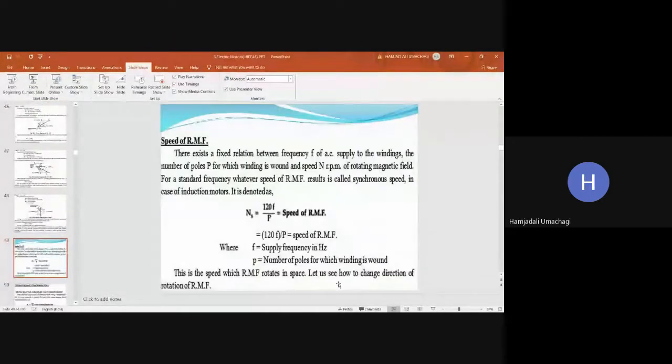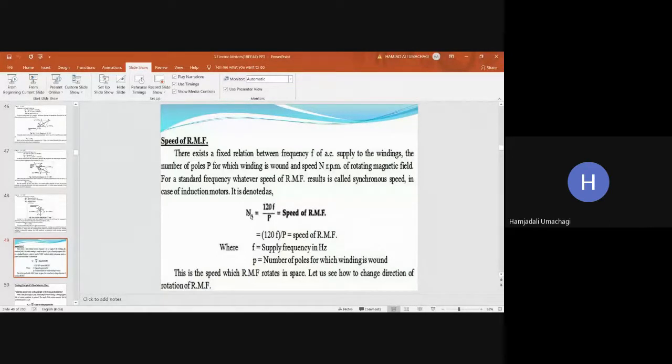Okay. And now, after this, the speed of the rotating magnetic field. As I told you, this rotating magnetic field rotates at a constant speed. So at what speed is it rotating? The speed of the rotating magnetic flux, Ns, is equal to 120 f divided by P. This is the speed of the rotating magnetic field, which we call the synchronous speed.